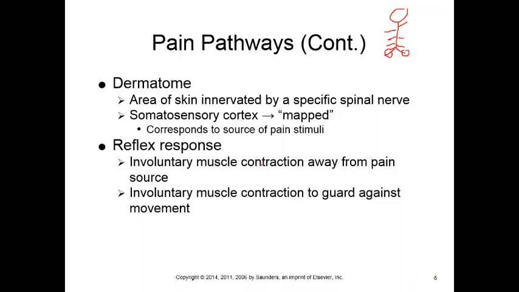Say you touch a hot skillet, that muscle is going to contract and pull you away, even before you feel the heat. We also have reflex responses that guard against movement, where the muscle contracts and tightens up and we ball up and can't really move because we're in pain. That's another reflex response that deals with pain pathways.